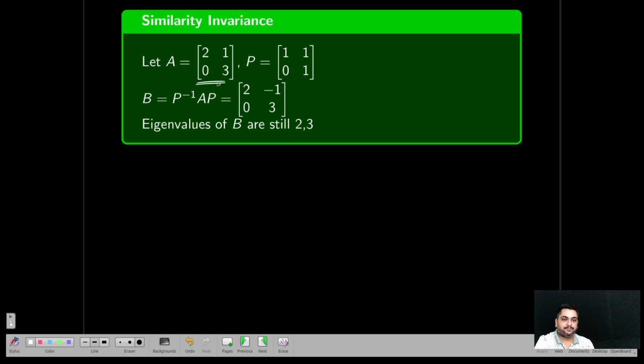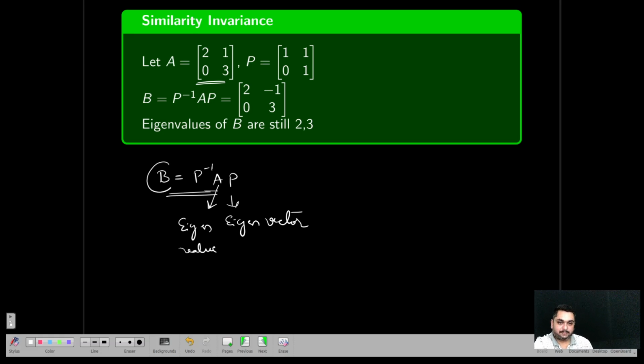So the rule says to create a new matrix, P inverse A P should be calculated. This P is calculated using eigenvectors; the eigenvectors of that matrix give me this P, and then P inverse, you know how to calculate the inverse, then A. Here you find it using your eigenvalues.